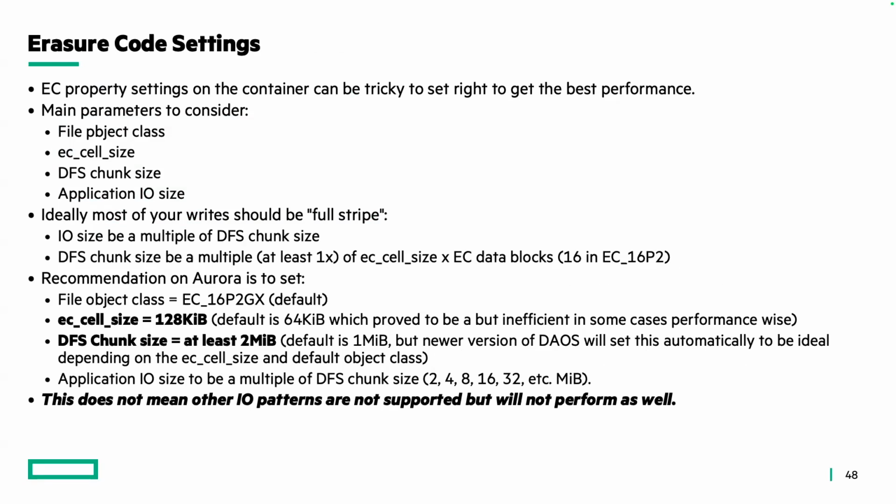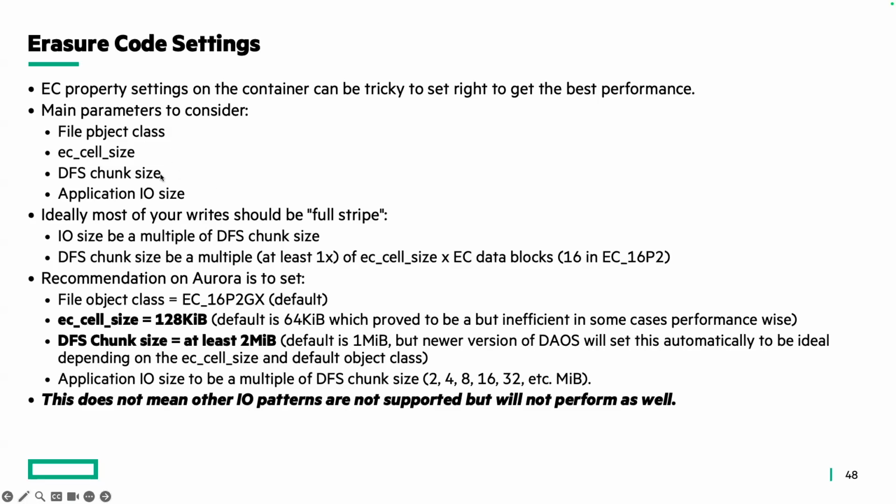So for EC, we talked about full stripe versus partial stripe update. This is getting into the weeds and advanced, so I don't want to get into too much detail here, and we can talk more offline and do a deeper dive if people want. But when doing EC, it's tricky to get all these settings right.